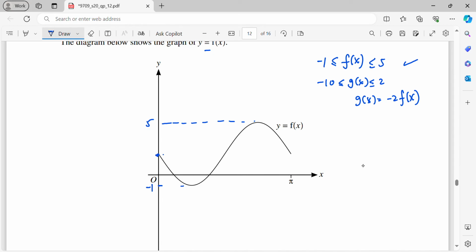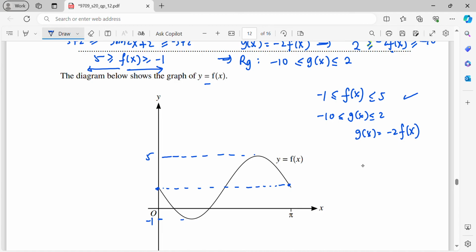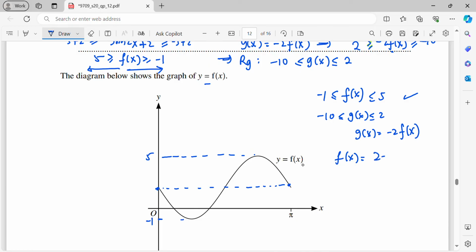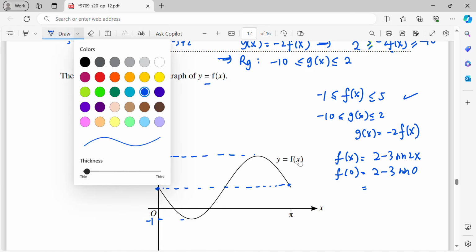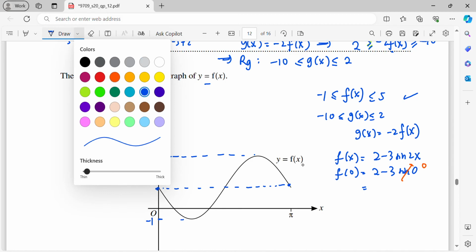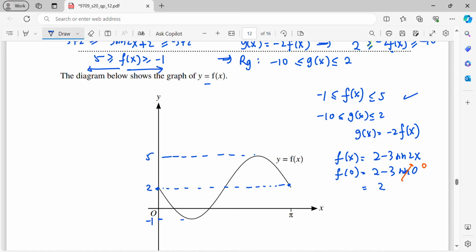For your info, when x equals 0 and pi, the y will be the same. So now I will rewrite my f(x) as 2 minus 3 sine 2x. So when my x equals 0, I'll get 2 minus 3 sine 0. Sine 0 is 0. Therefore, I will just get 2. So I know that this is 2.